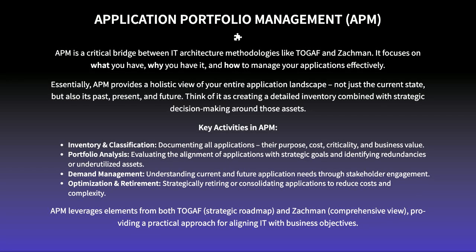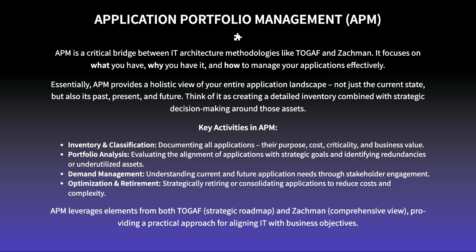Okay, let's talk about application portfolio management, or APM. It's really important when you're looking at architecture frameworks like TOGAF and Zachman. APM is all about understanding what applications you have, why you have them, and how to manage them strategically. It's like creating a super detailed inventory of everything, but it goes beyond just listing apps.